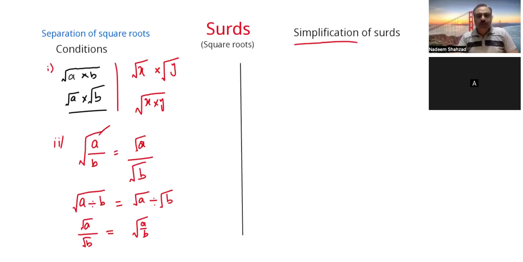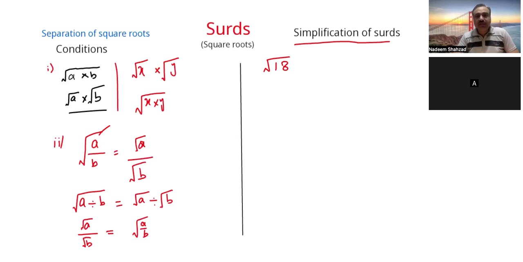The next heading you can see here is simplification of surds. Suppose we have the square root of 18. This is your surds form. In the question, it can be asked, show your answer in surds form, or simplify and show your answer in surds form. So first we will decompose or break it into its prime factors.